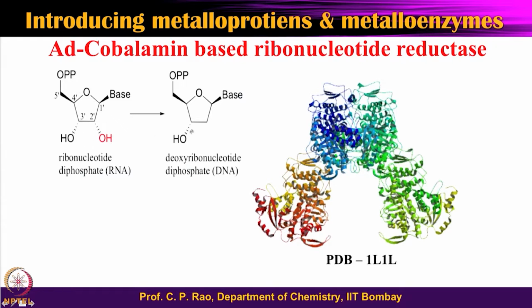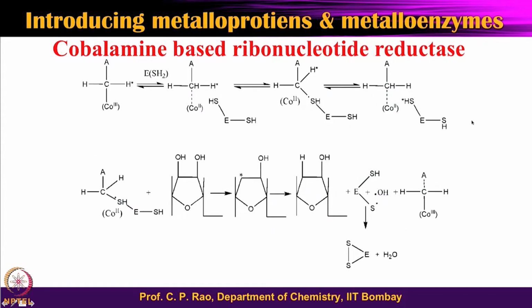So, C2OH and C2H, and this is the ribonucleotide reductase activity, and this is also done by an adenosyl cobalamin based enzyme. And you see, the enzyme is very complicated, you have so many lobes etc. are involved in all of these, and then you can see that.